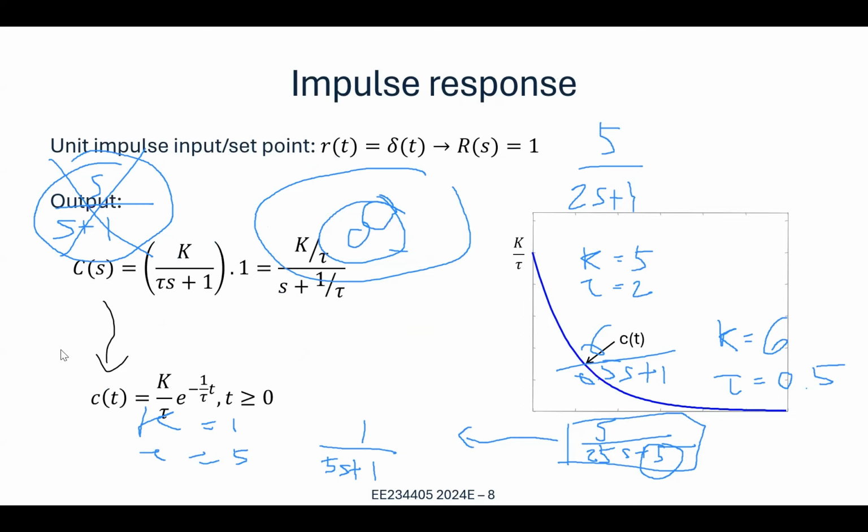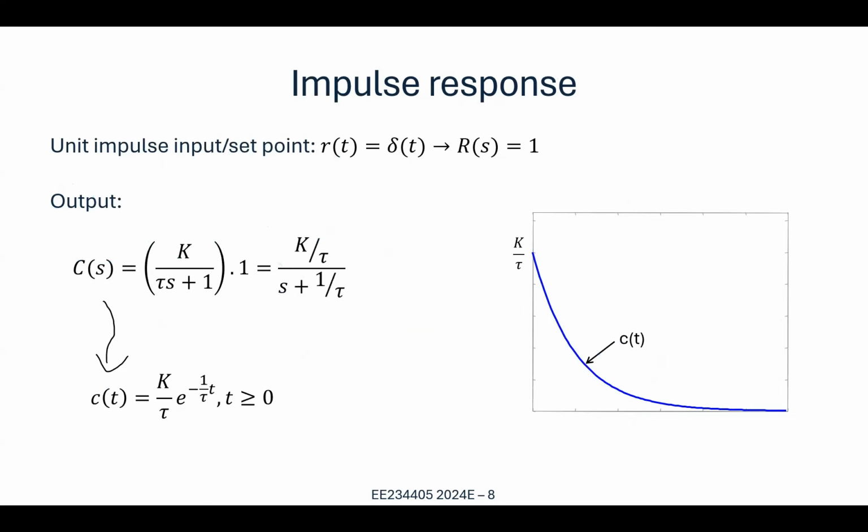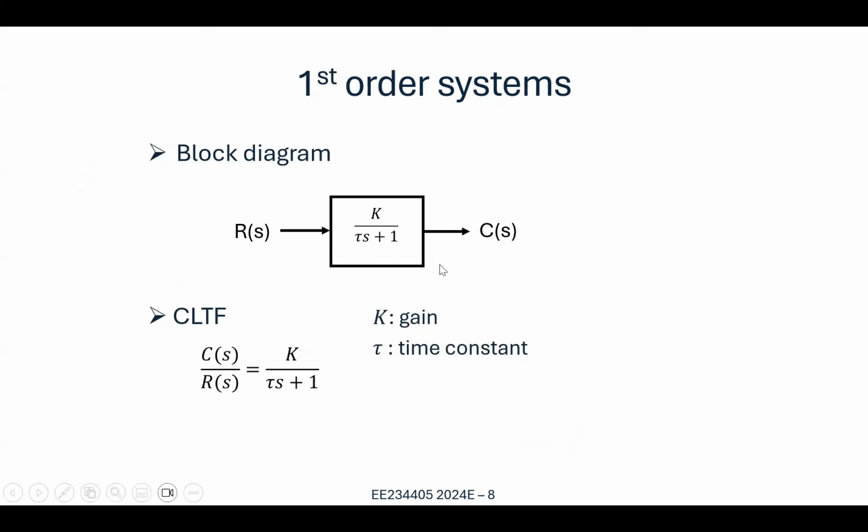Now, these are some more analytical approaches on the time domain output of the system. So again, please remember that we have the frequency domain. Well, what is the frequency domain? If we have Rs being 1 per s, and this is say 2 per 3s plus 1, well, we have Cs here being 2 per 3s squared plus s.